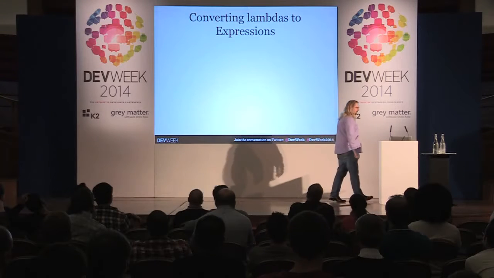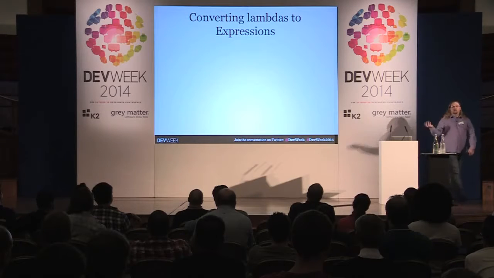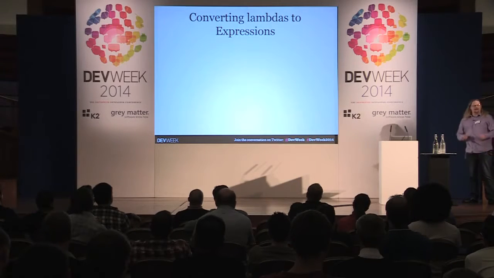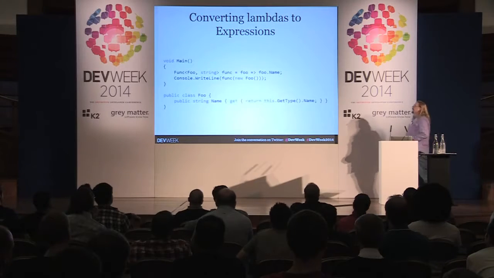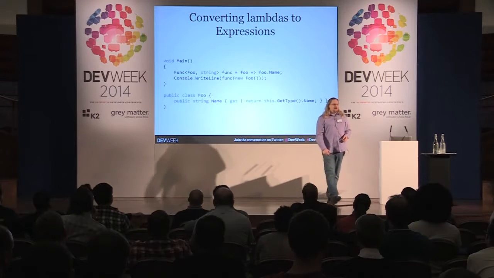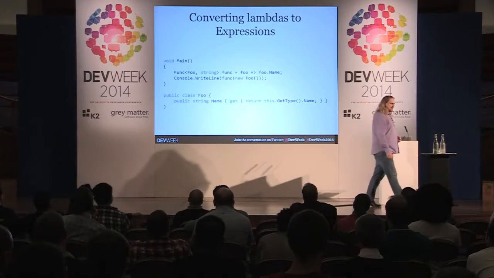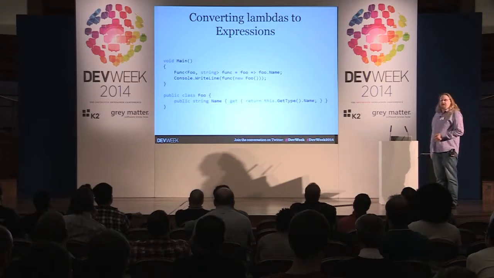So, we're used to dealing with lambdas. We're used to the idea that lambdas are in fact funcs, or can be transposed to funcs. So how do we take a lambda expression, like this one here, and turn it into an expression? Anyone? There's a one-line change, two-line change.